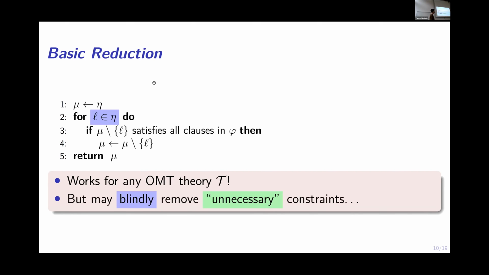The only problem is that it's blind with respect to the optimization. So we are not really taking into account the fact that we are optimizing some cost. And this has a drawback, that is, we may end up removing unnecessarily constraints, meaning that we can remove a constraint, but still the optimum model for the truth assignment is the same. This not only is useless, but can be harmful because it can prevent the removal of other constraints from the truth assignment.